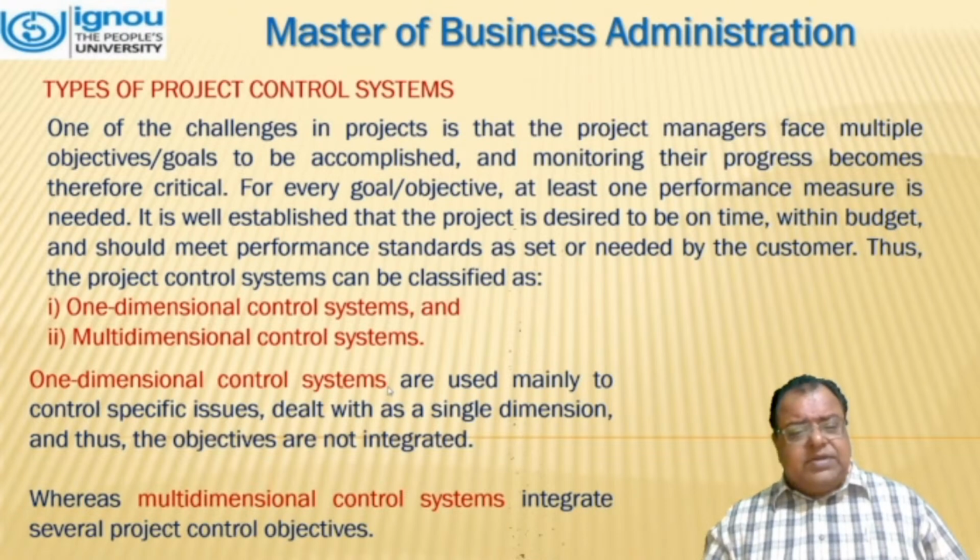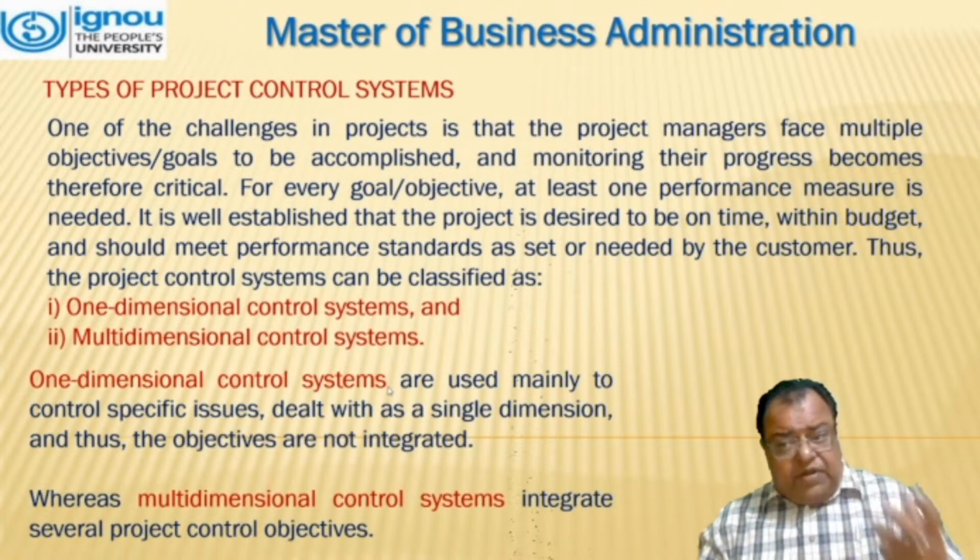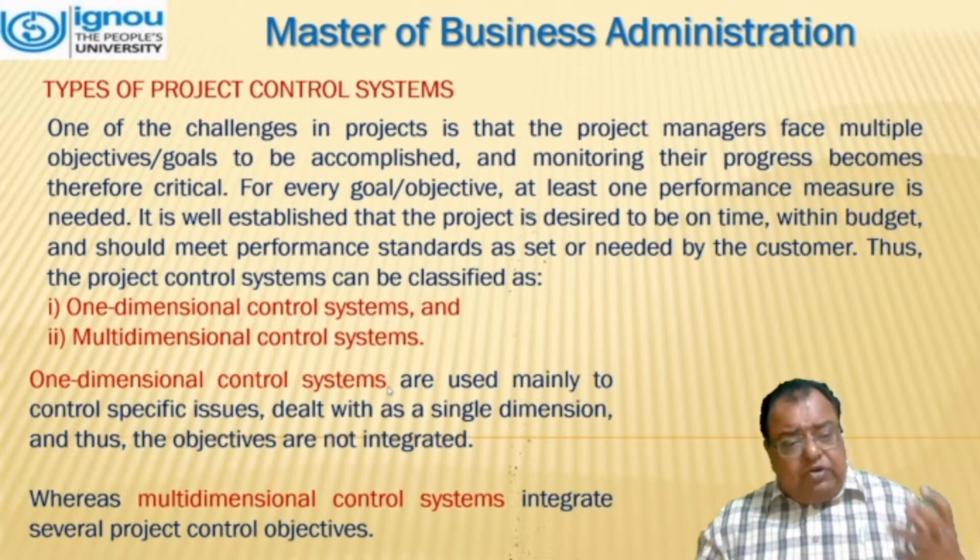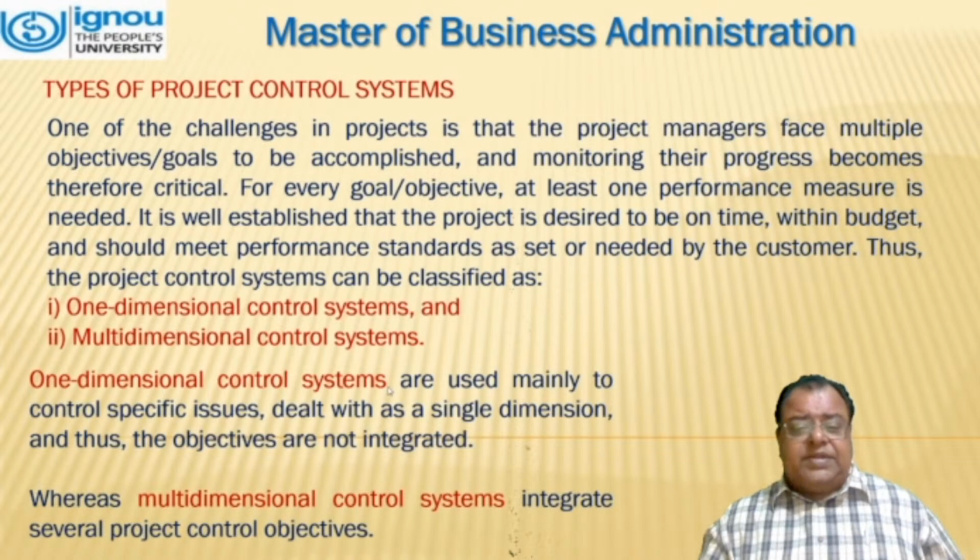It is well established that the project is designed to be on time, within budget, and should meet performance standards as set or needed by the customer. Thus, the project control system can be classified as one-dimensional control system and multi-dimensional control system.